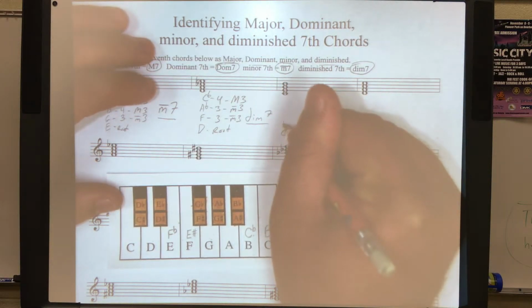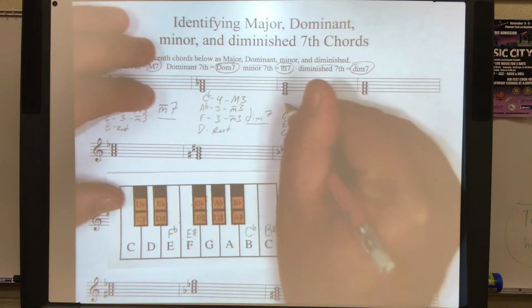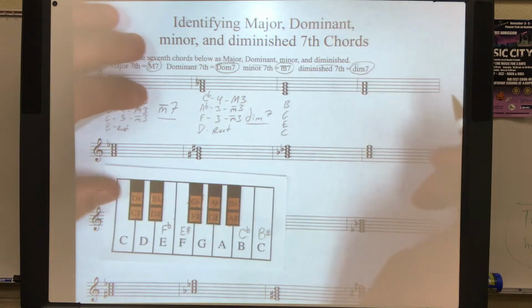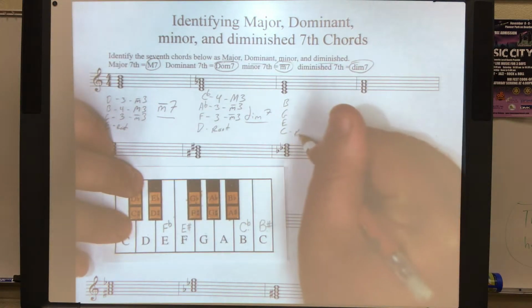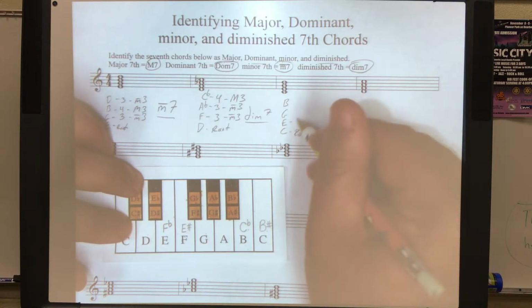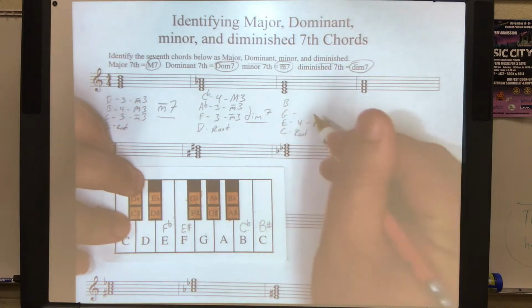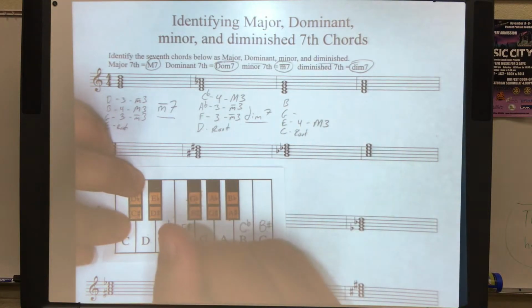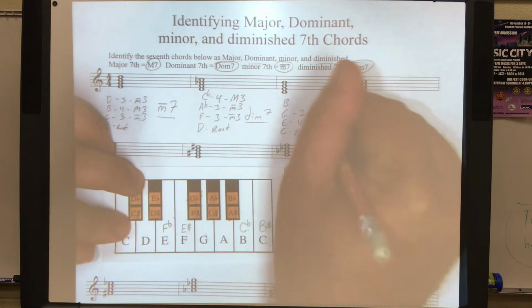We've got C, E, G, and B. C is the root. E is going to be 1, 2, 3, 4 half steps above, major third. E to G, 1, 2, 3 half steps, minor third.